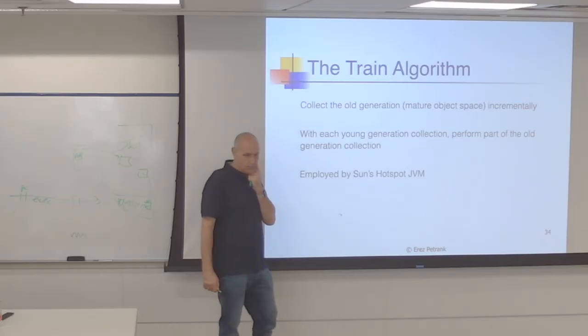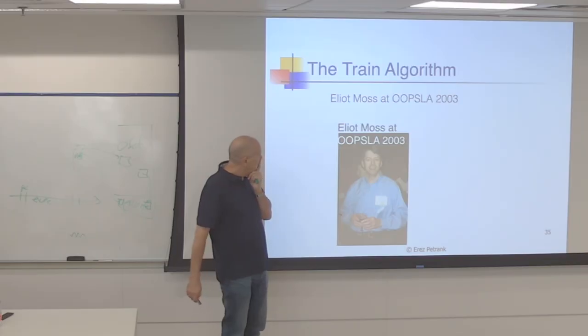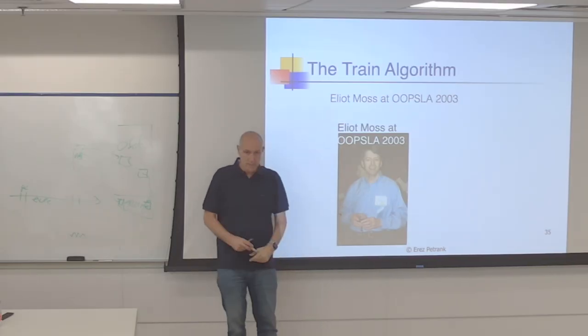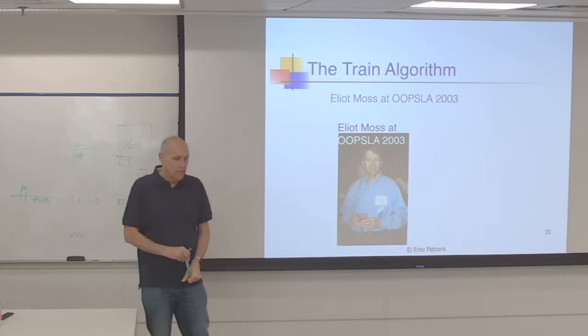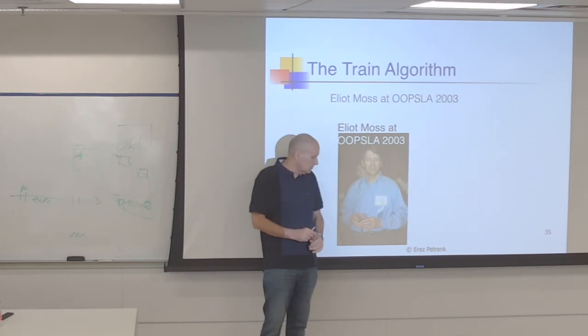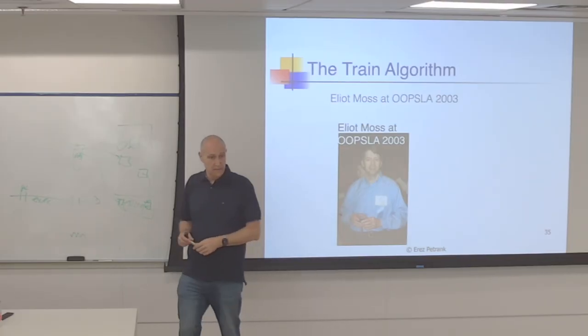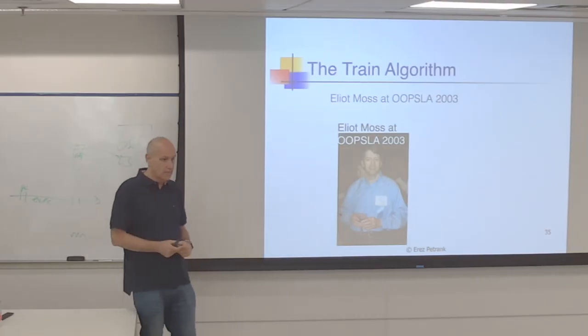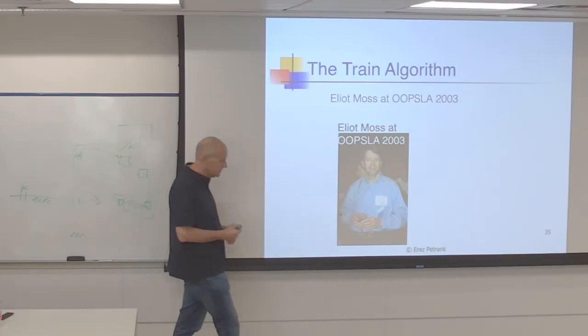So we'll go through it. This is the train algorithm. Elliot Moss was the advisor. He spent his career mostly on memory management, and he did a lot of interesting algorithms. This is one of them that we'll see.